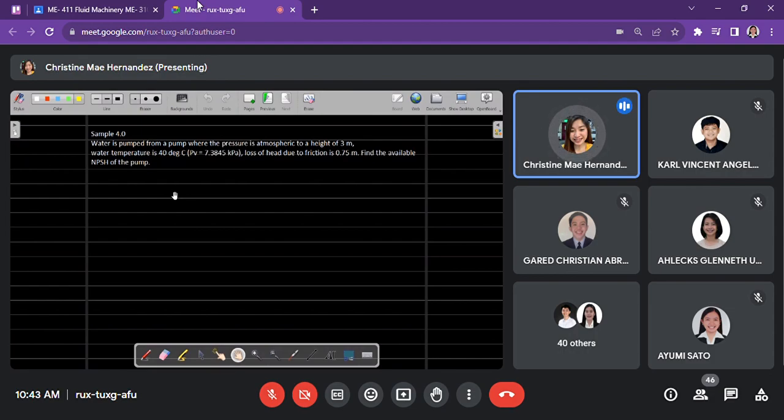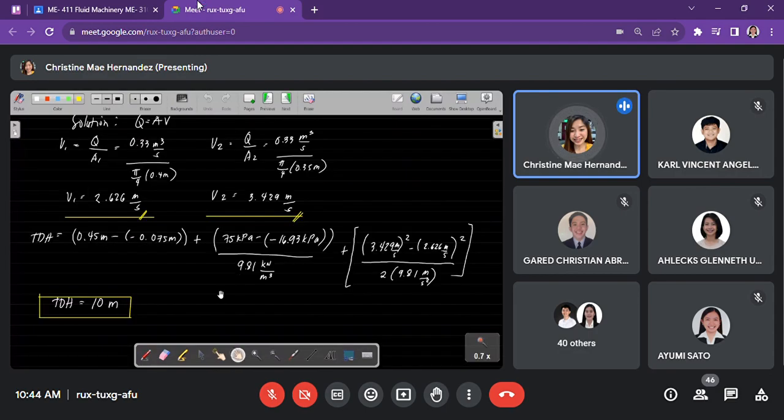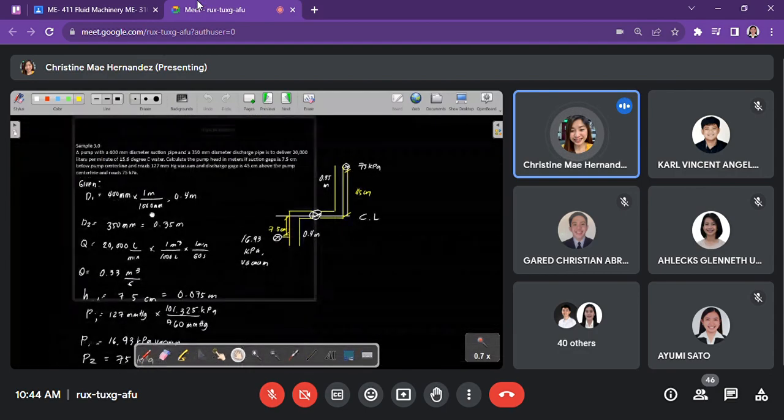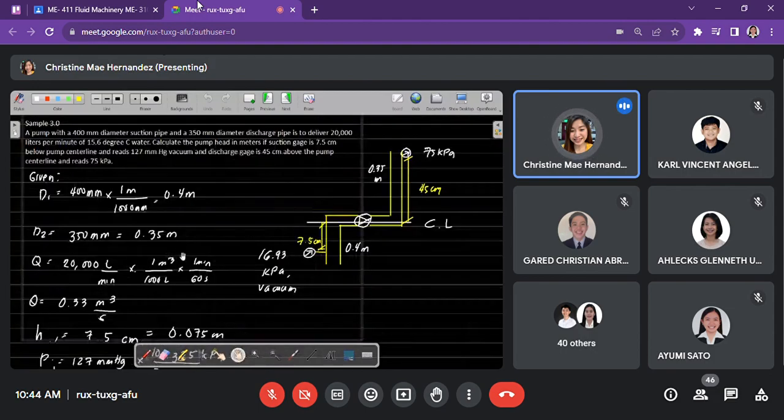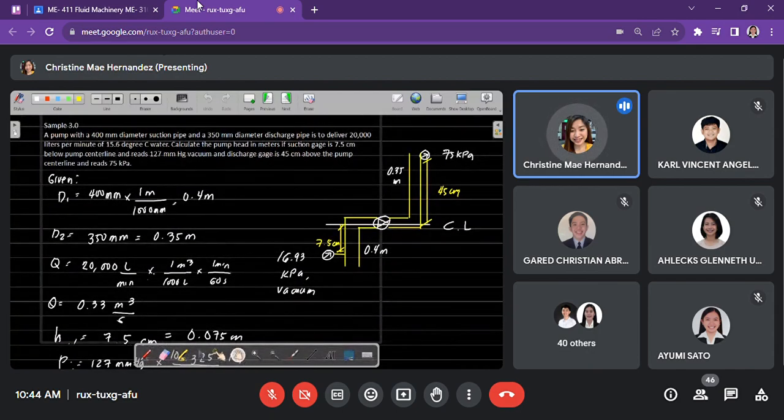So, di ba ang NPSH, sa suction head lang tayo lahat. So, halimbawa, ako is nagbigay sa inyo ng problem, katulad nito, sa previous problem, sample number 3. Di ba may binigay ako sa inyong mga discharge head values, discharge pipe diameter, discharge pressure, velocities, elevation na discharge.